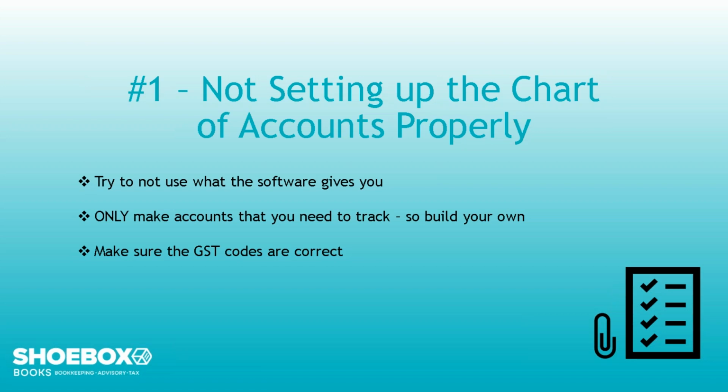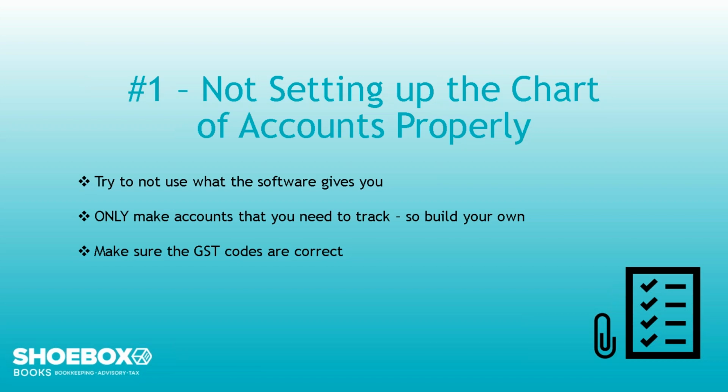For example, if you've got income accounts, you might sell 50 different products, but you only sell 5 different things. So you might sell envelopes, paper clips, pens and rulers, say, but different types of pens and rulers.